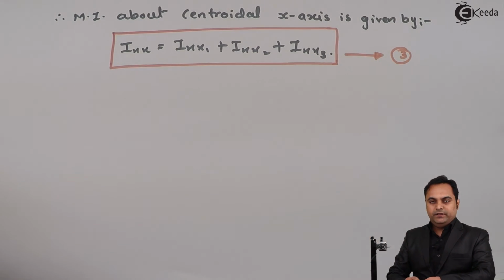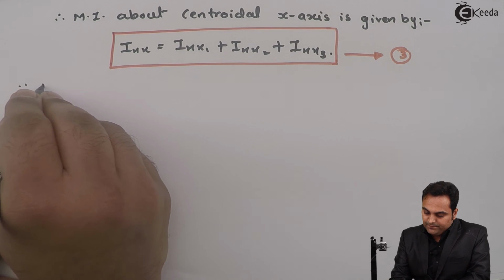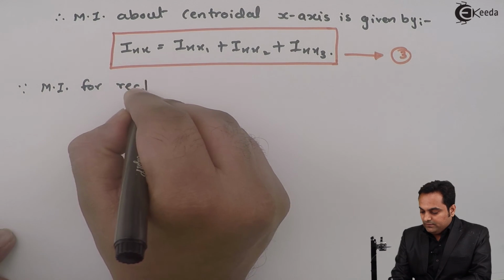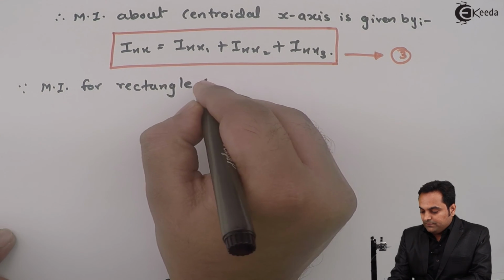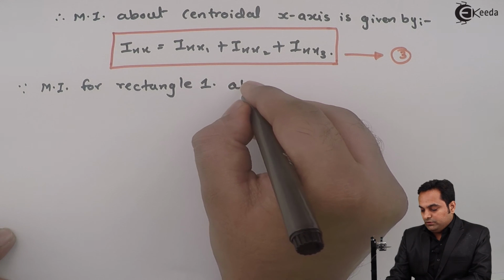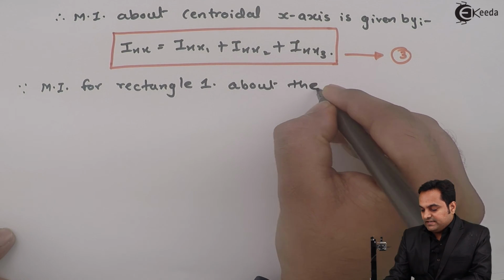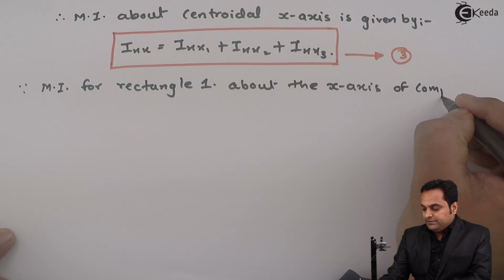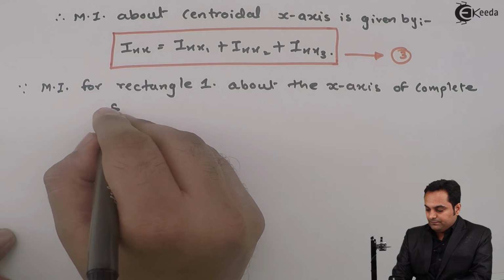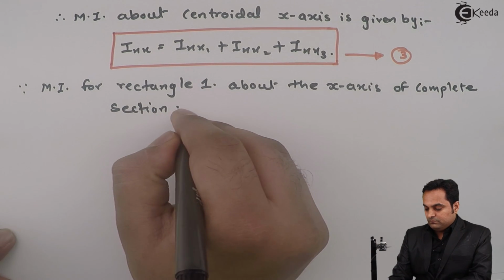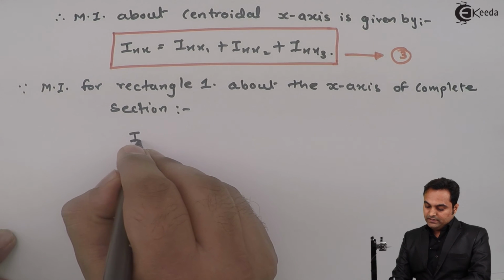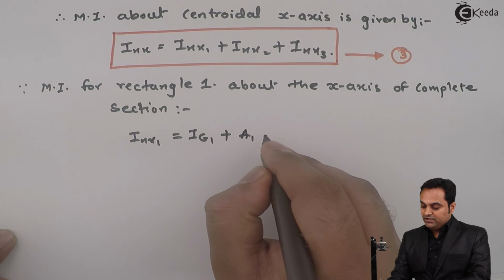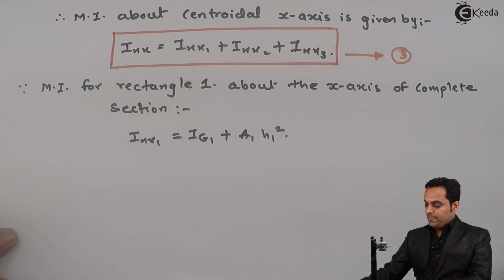Now Ixx1, since MI for rectangle 1 about the x-axis of complete section, that is given as Ixx1 is equal to Ig1 plus area 1 into h1 square.